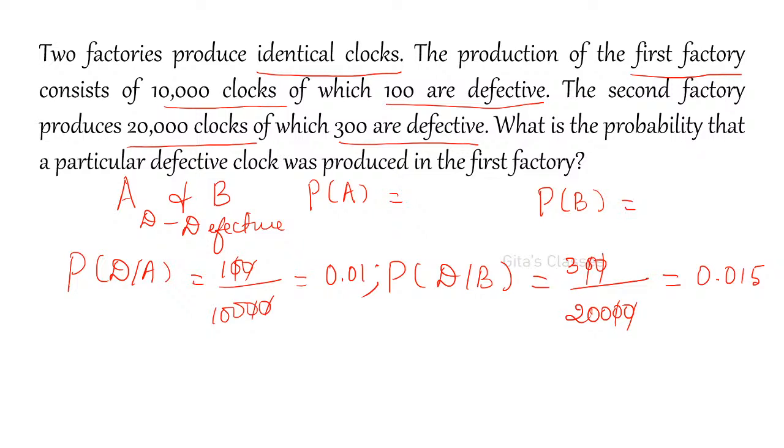What about others? Please try to understand. Shrutika, it is 10,000 out of something. What is the total number of clocks produced by both the factories? It is 30,000, right?